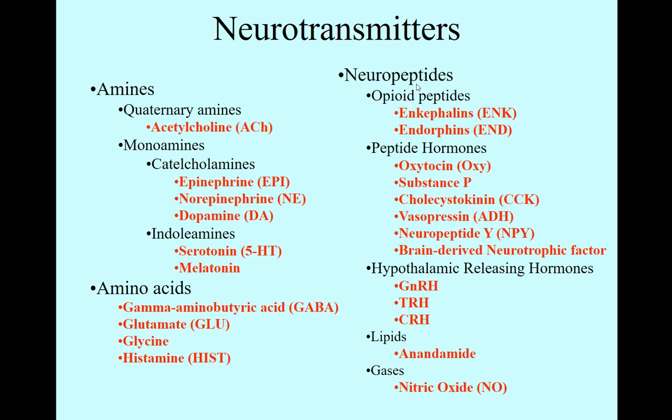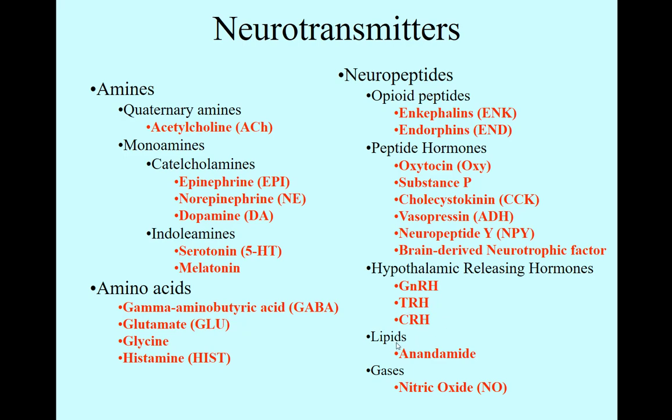And then we have these neuropeptides and enkephalins, endorphins we've talked about. We have peptide hormones like oxytocin that we'll talk about at the end of this lecture. Substance P, CCK, vasopressin, all these, right? And then we have all these hypothalamic releasing hormones. I'm not sure why there's only 3 here. There should be 7 here. So GnRH, thyroid releasing hormone.